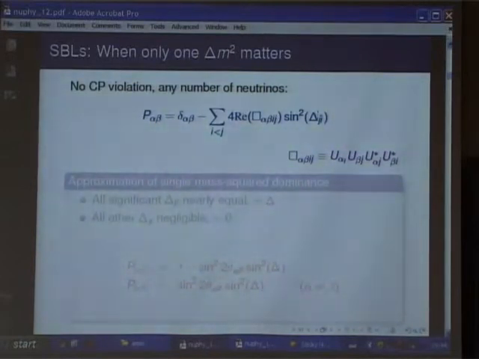So let's go to those experiments, for example, where delta 3 1 is increasing. If delta 3 1 is 1, how much is going to be delta 2 1? If delta 3 1 is of the order of 1, what is delta 2 1?